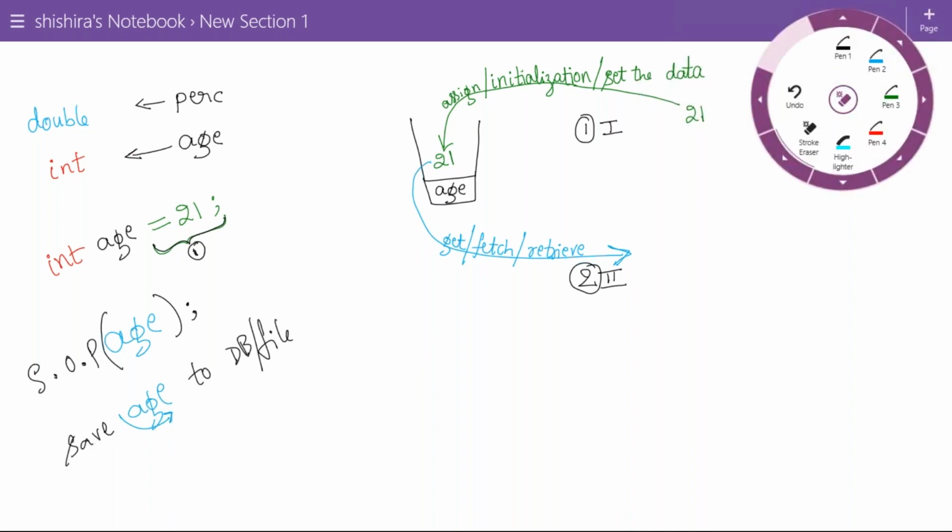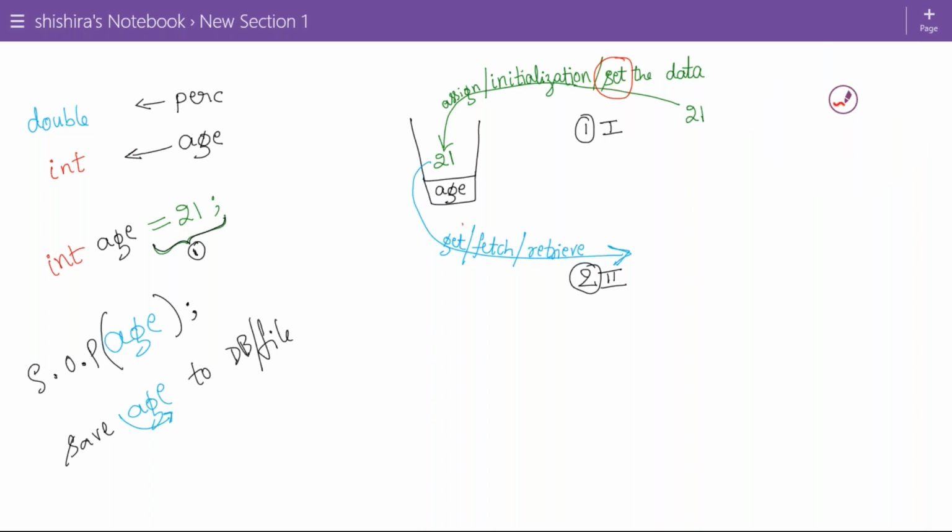Hope you understood now. Remember, with any data, we can do two things. One is called setting, another one is called getting. Never forget this. Setting means you have the data with you, you have to set it, that is, you have to assign it. Second one, you already have the data, hence now you get that data.